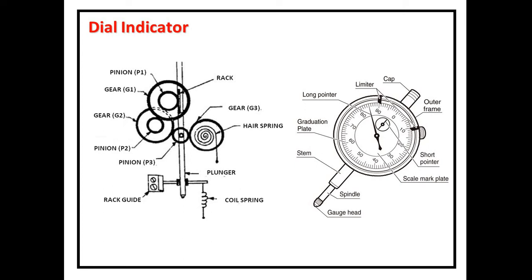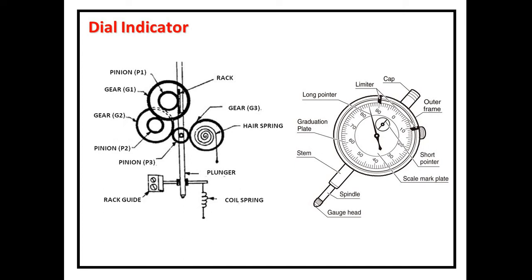Very small pinion is there, and a large pinion is there. So this movement is transferred from here to here, again like that, and finally you get the display here. This very small movement is magnified, and the pointer attached here shows the magnified movement.